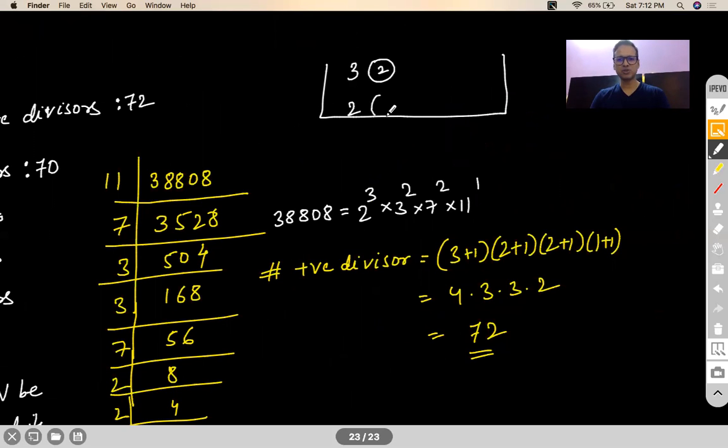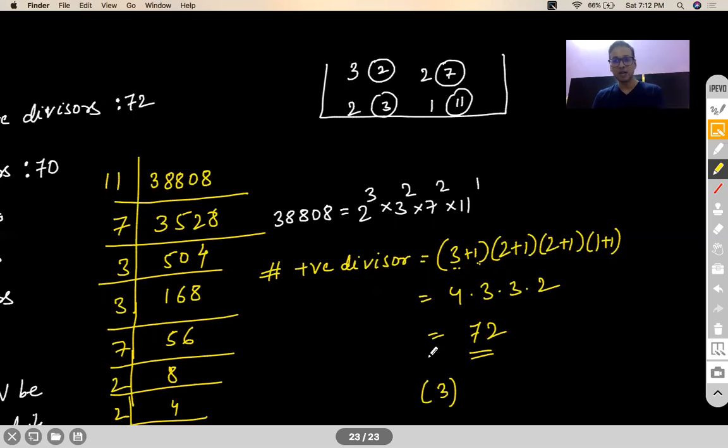You have 2 fruits called 3. You have 2 fruits called 7, and you have 1 fruit called 11. So in order to pick up a factor which is a multiple of 2, you have to pick at least one 2. That means this 3 plus 1 will not come, only 3 will come, because you can pick one 2, two 2s, or three 2s.